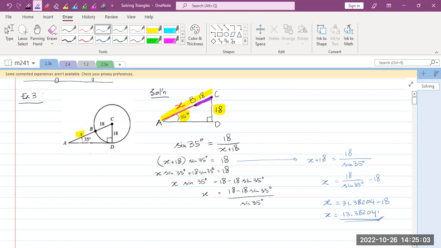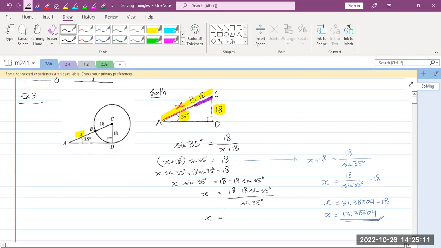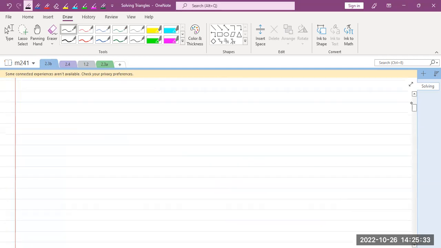Computational wise, the blue one seems easier. Now, if I go back to my work earlier, the first one, on the top I have 18 minus 18 sine 35 degrees. I get 7.675624 divided by sine 35 degrees.